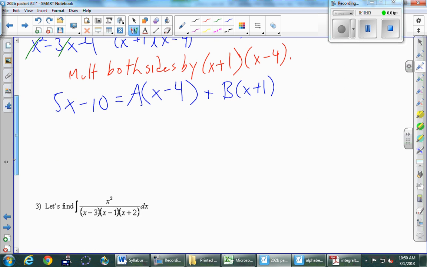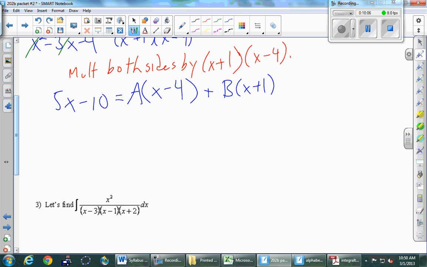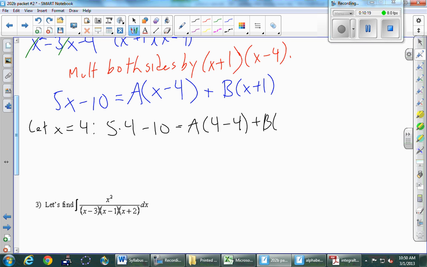So we're just going to pick x equals 4 because that makes our life easier. Let x equal 4, and then we're going to solve for B. So all of the x's become 4s. And then we can find B. Oh, right. Well done.